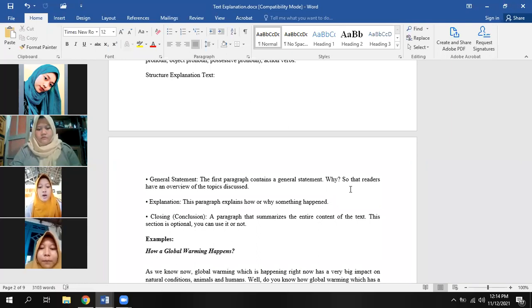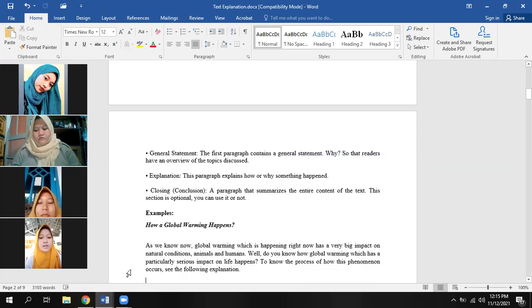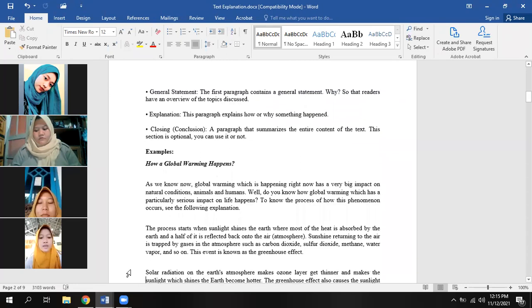Closing or conclusion. A paragraph that summarizes the entire content of the text. This section is optional. You can use it or not. And here are some explanation texts.